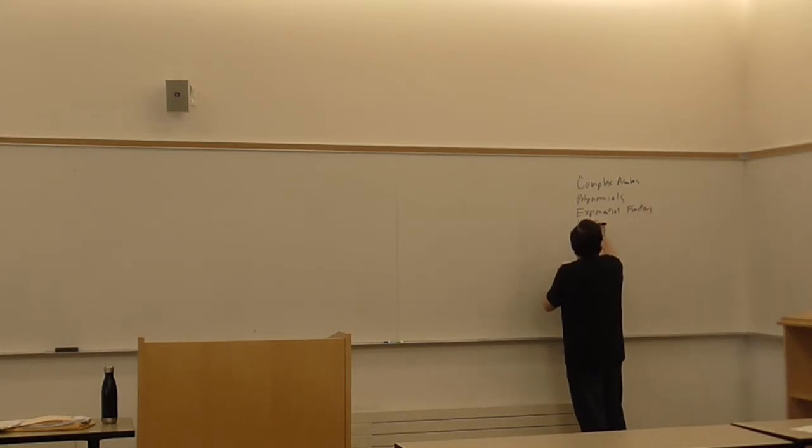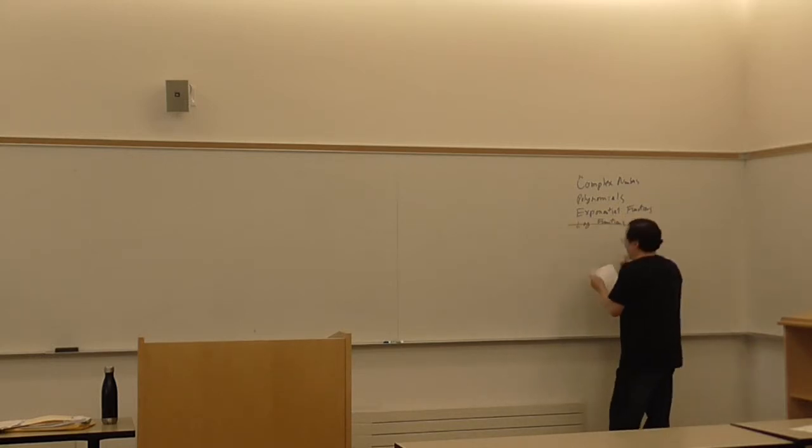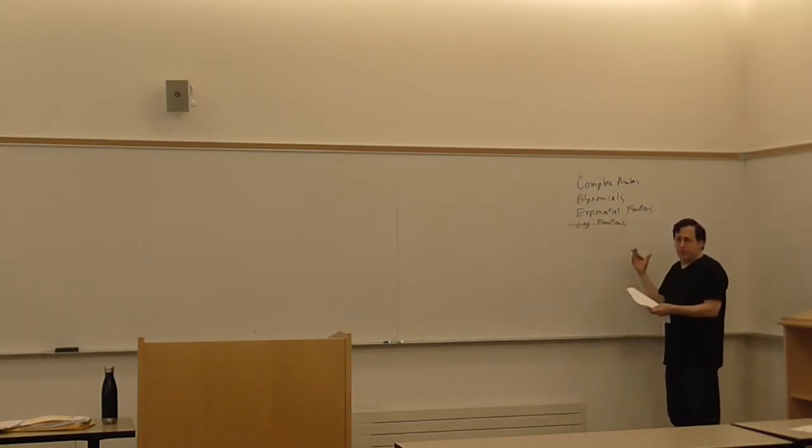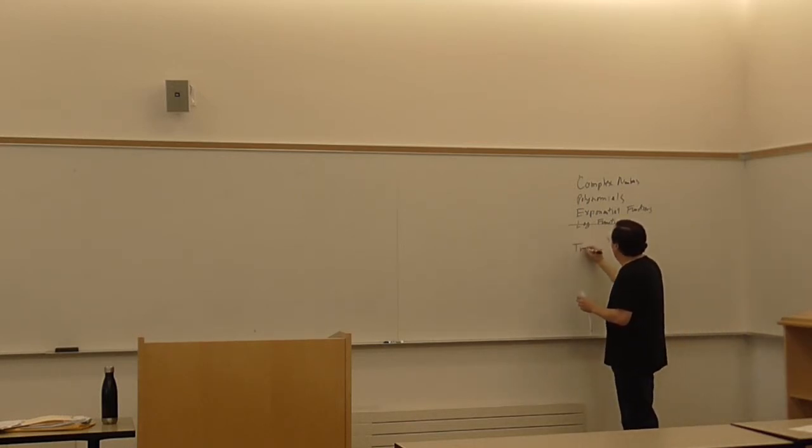And log functions. Although I'm going to leave those off the list. They're just the inverse of our exponential functions. And we're going to go on and learn a little bit about trigonometric functions.